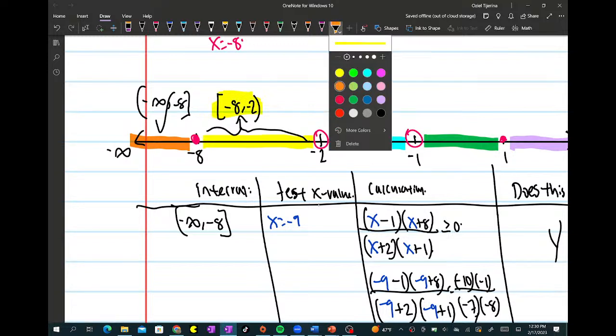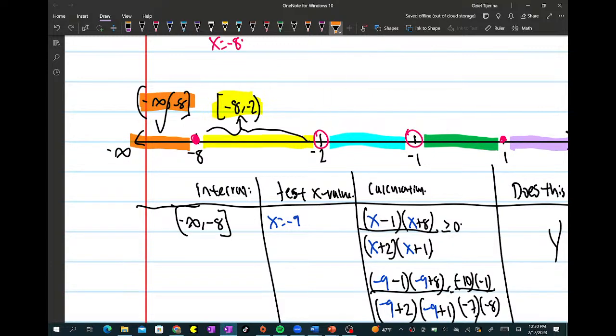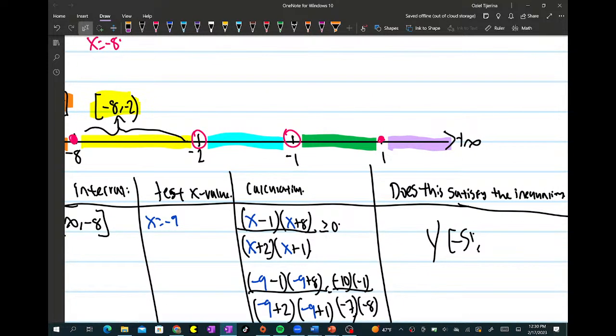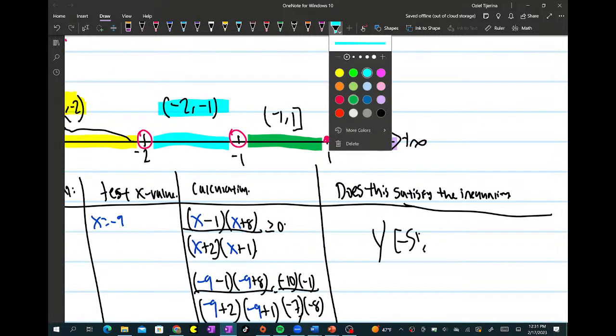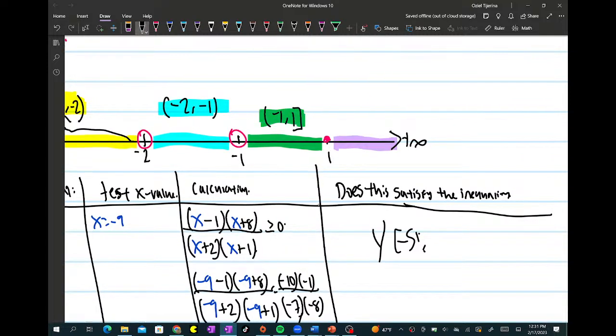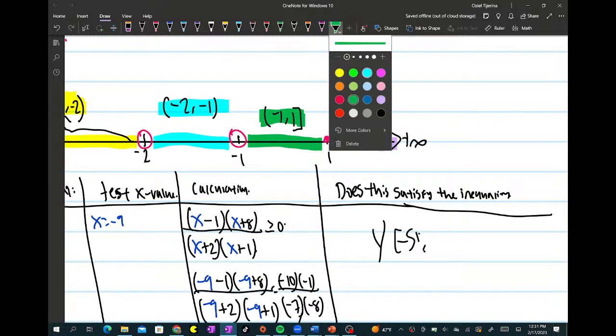This one was this one, and then from negative 2 to negative 1, it was parentheses negative 2, negative 1, and this one was the blue one, right? And then from negative 1 to 1, parentheses negative 1 comma 1, close bracket, that was this one here. And then from bracket 1 to infinity, that was this one, right?